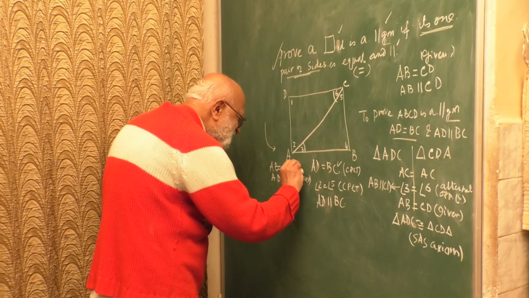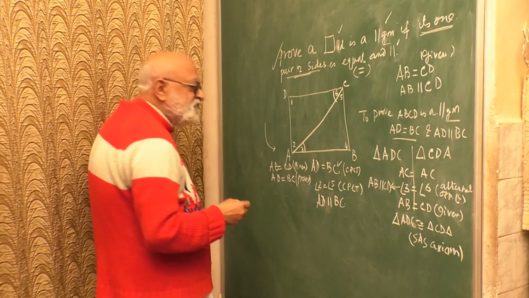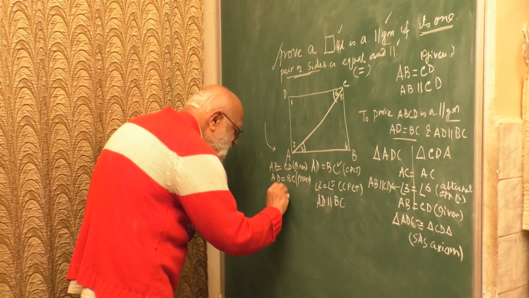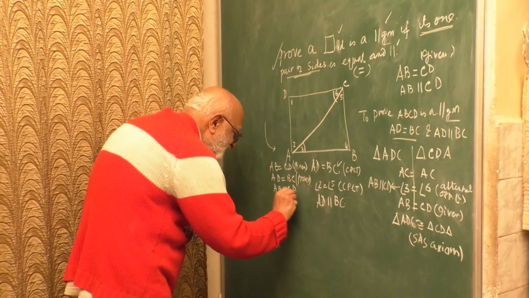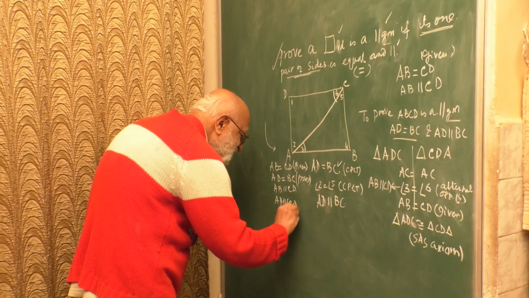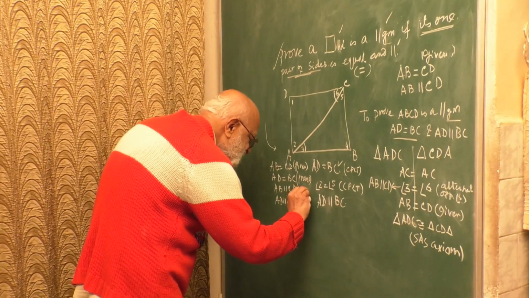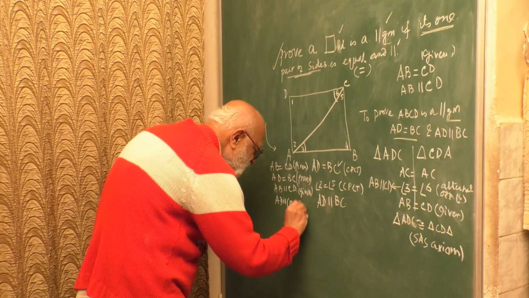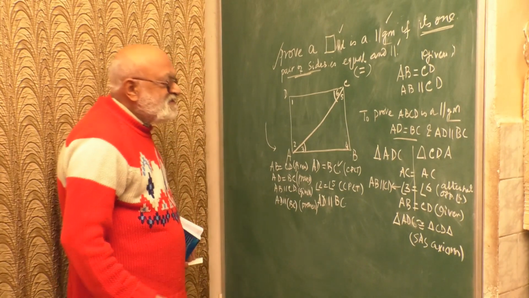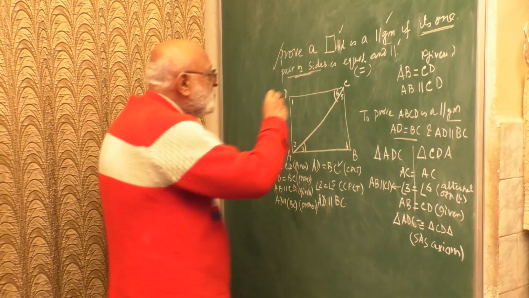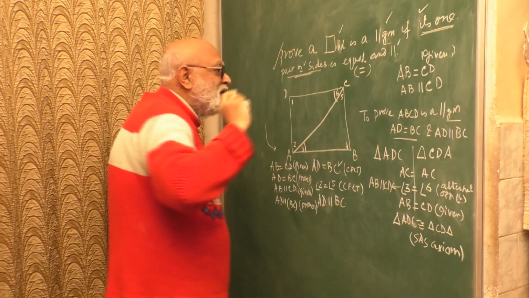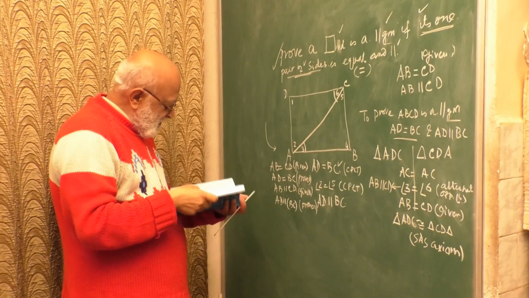It is also given AB is parallel to CD. And also AD is parallel to BC, this is proven. Okay, this is done. So you see, at least one pair of sides, I don't have to prove both pairs, equal and parallel. Then the other two automatically will fall.